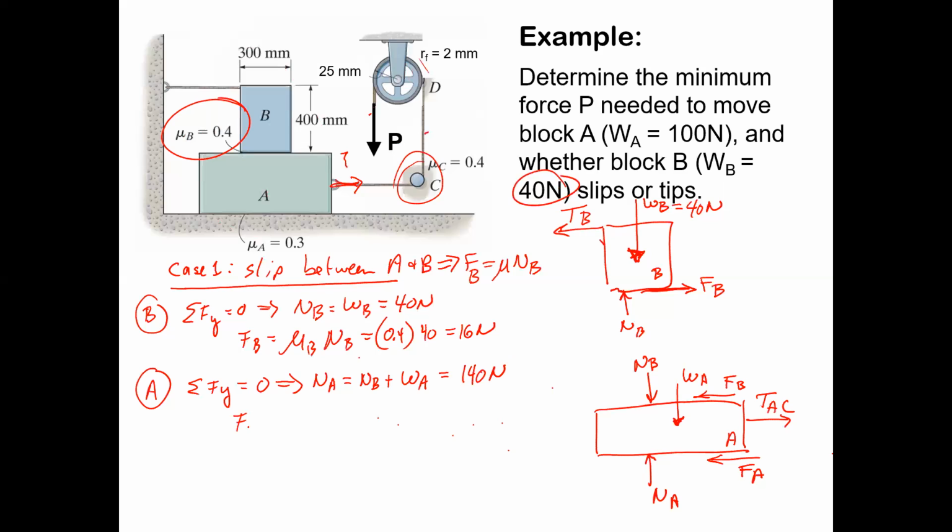And of course, if there's a slipping, oops, there's only one P in slips. Basically, if A slips, then Fa equals mu A NA, which is 0.3 times 140, which is going to equal 42.